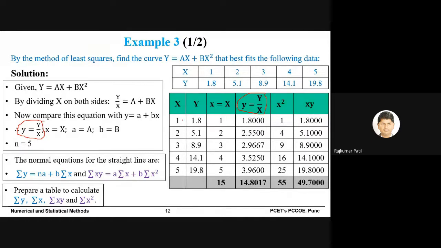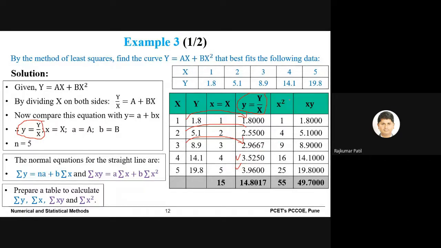So you can see 1.8 divided by 1, answer is 1.8. 5.1 divided by 2, it will be 2.55. 8.9 divided by 3, you will get 2.9667. Similarly, you can calculate the remaining values of small y by taking the ratio of capital Y upon capital X. So this is very important.